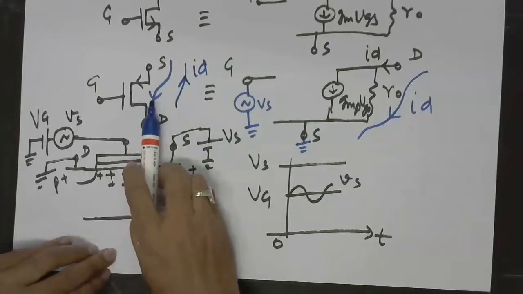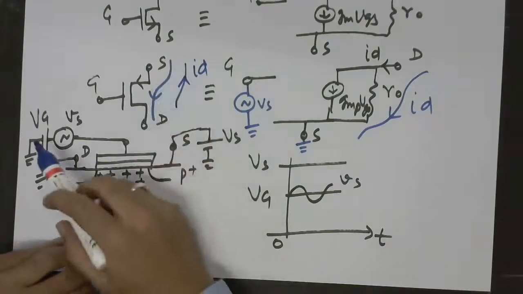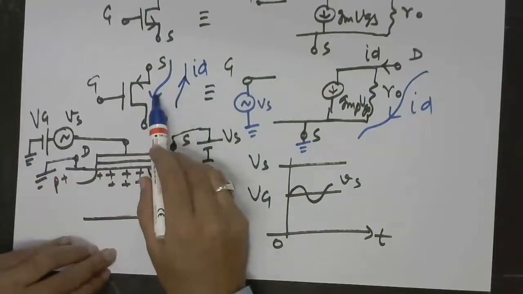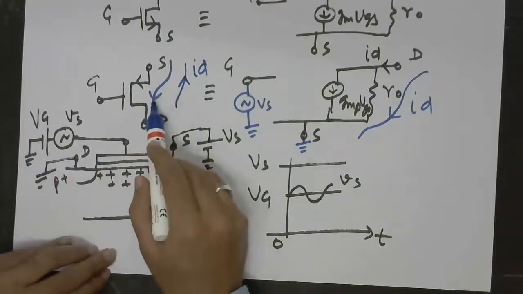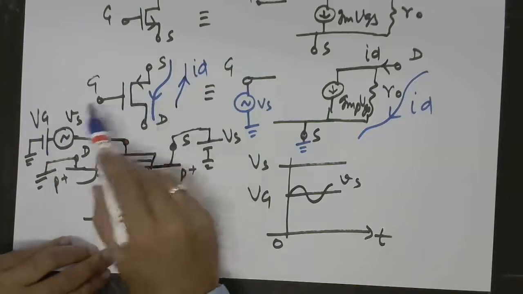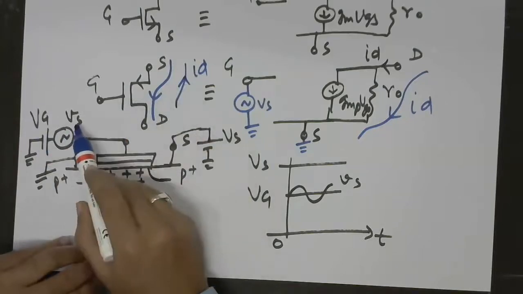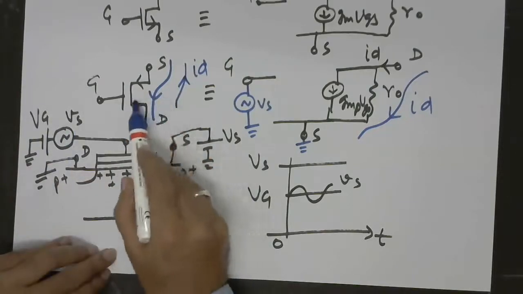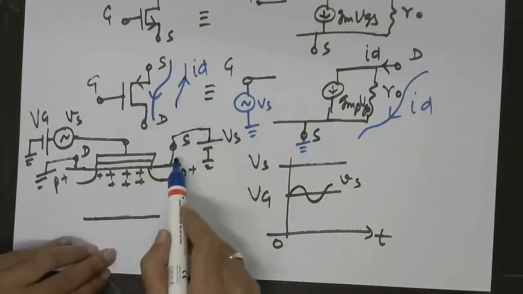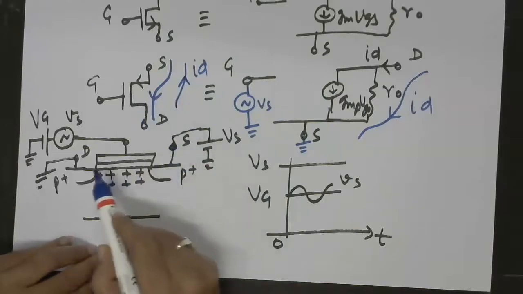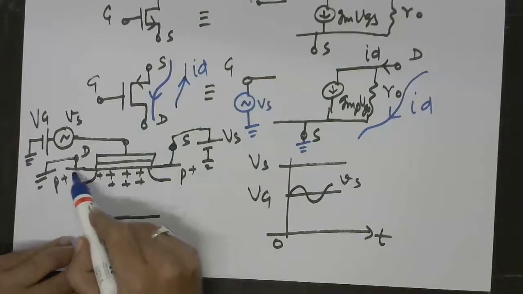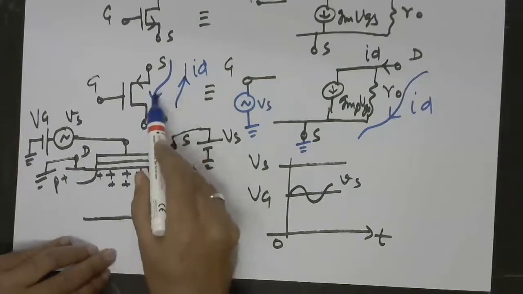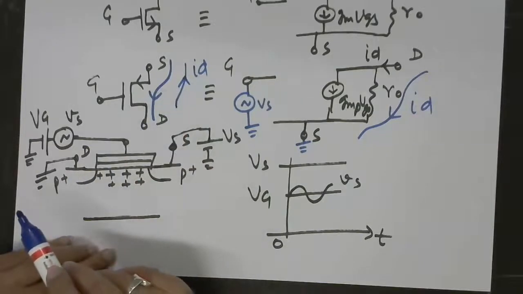So earlier we had only this DC current, only because of VG. Now we have DC arising because of the VG plus the time varying voltage arising because of the VS. So here you can see that the net current that will be flowing between this source and the drain node through this device is now going to be smaller.